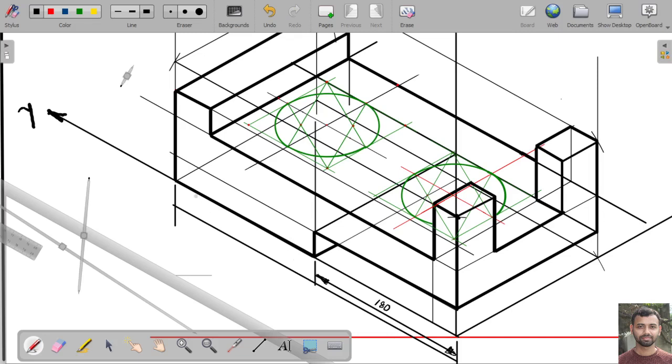Okay, and this dimension is, there is an arrow here, it is 360 mm.